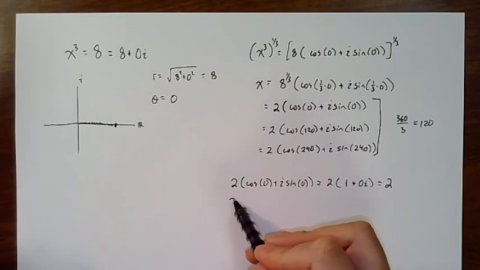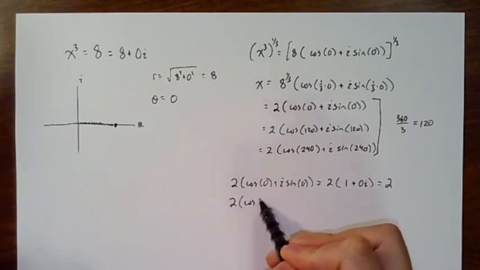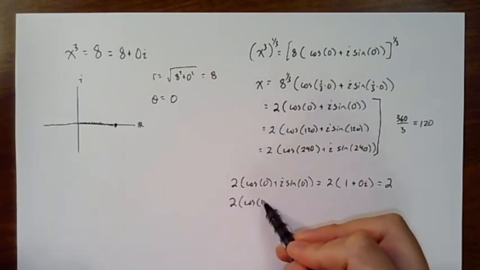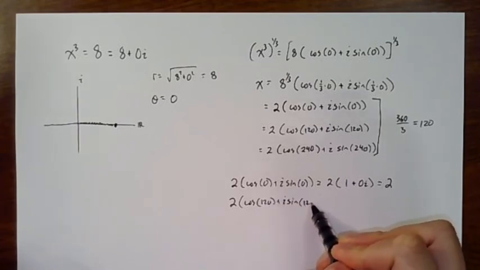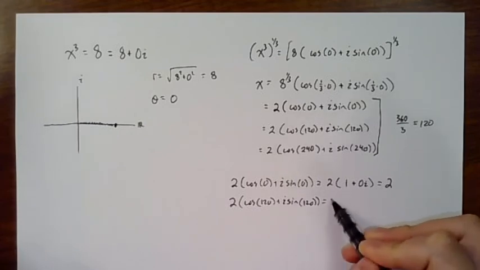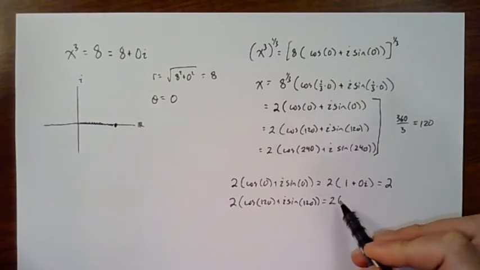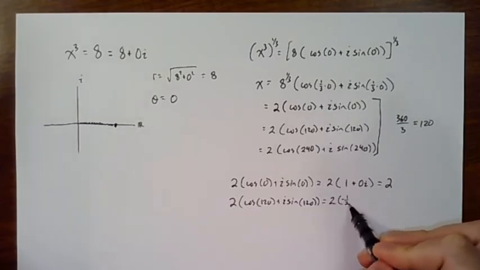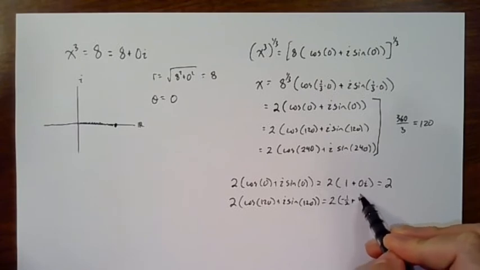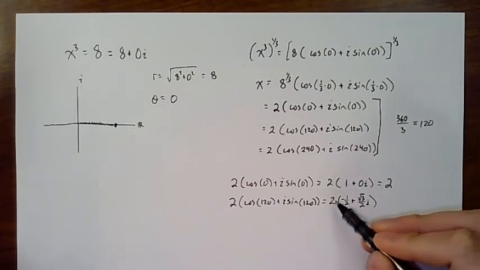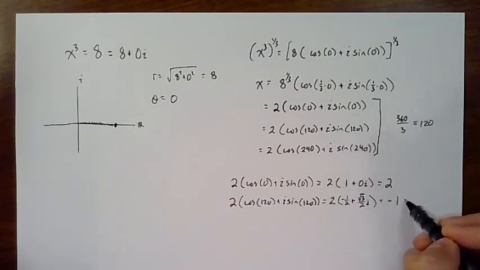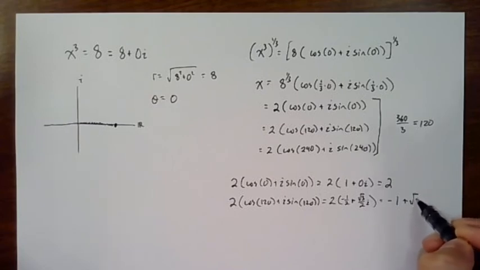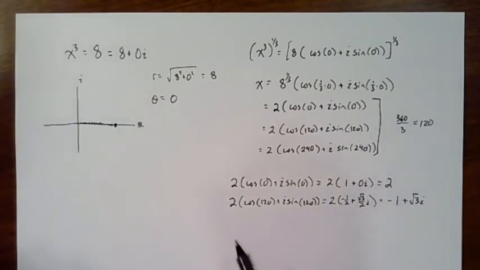Excellent. 2 times the cosine of 120 plus i times the sine of 120 is 2 times negative a half plus square root 3 over 2 i. So these 2's will all cancel out here, leaving you negative 1 plus square root 3 i.